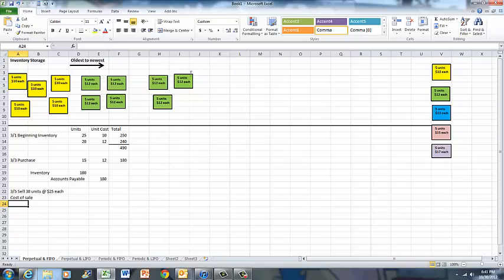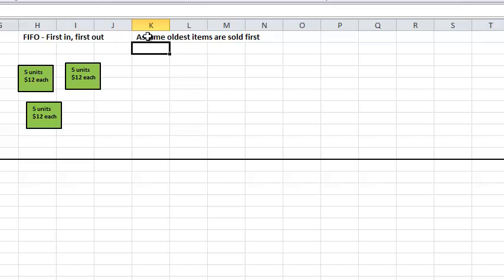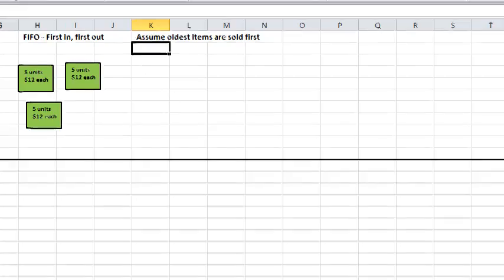So once again, in this example, we are going to be working under the FIFO assumption. FIFO means first in, first out, and as I mentioned before, that means that we assume our oldest items are sold first. So given this, we want to take out our 30 oldest units and allocate them to cost of goods sold.